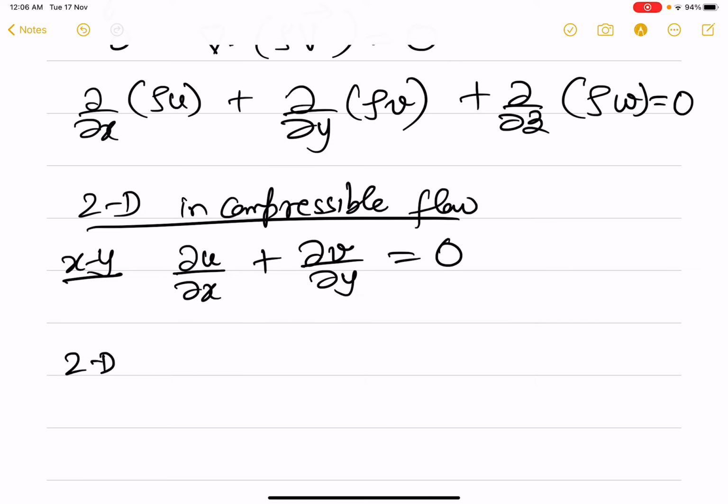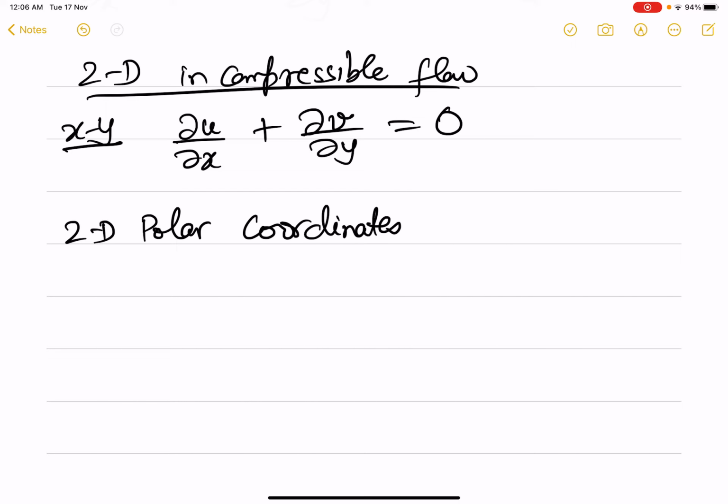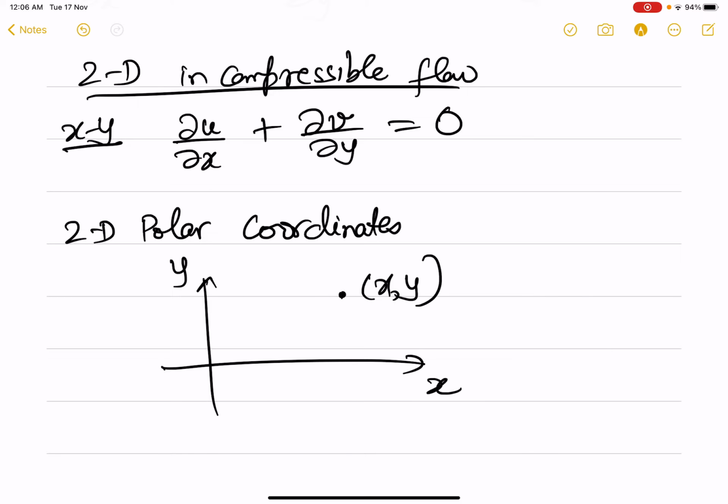If we look at incompressible flow in 2D polar coordinates, what are polar coordinates? If this is x and y, a point xy, then as you know, we have the other coordinates, or cylindrical coordinates as we call them in the mechanics course.